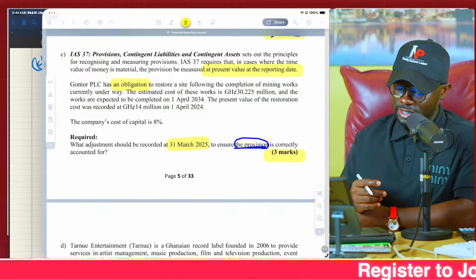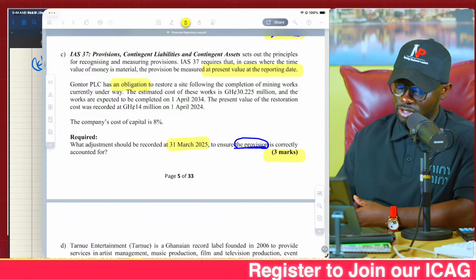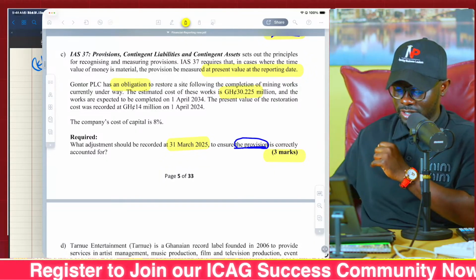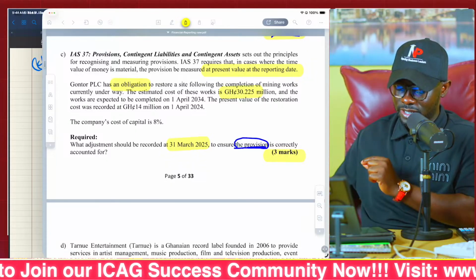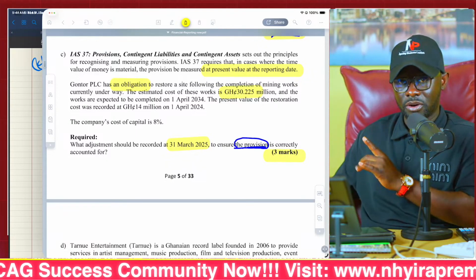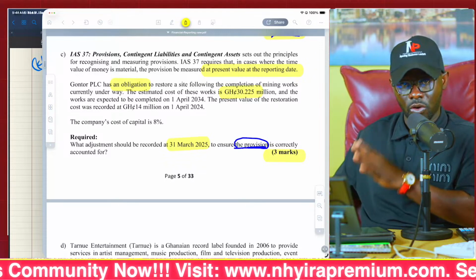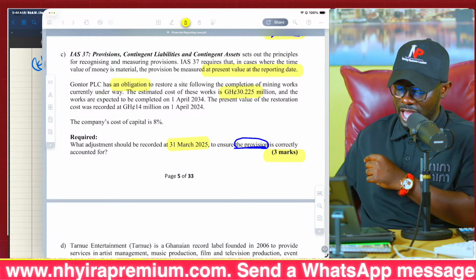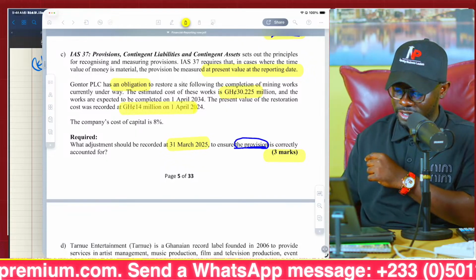The estimated cost of these works is 30.225 million Ghana cedis, and the works are expected to be completed on 1st April 2034. The present value of the restoration cost was recorded at 14 million on 1st April 2024.